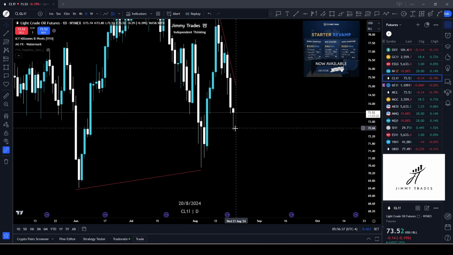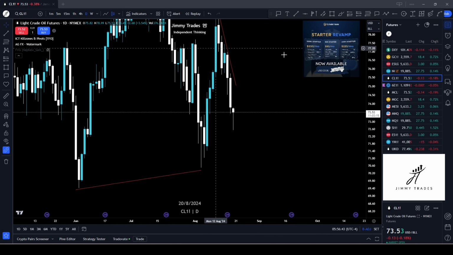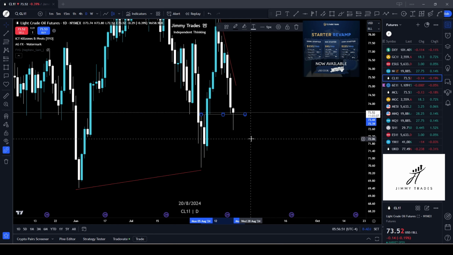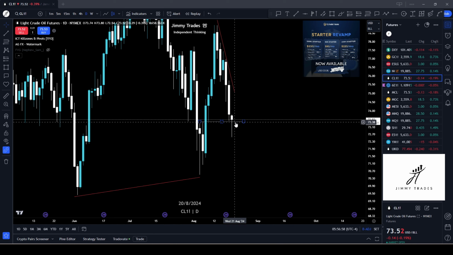Price continued to move down today. It's actually pulled up some ground. It was down nearly 1% at some stage there. We do have another tiny bullish FVG here. So I'm not surprised to see some reaction here.